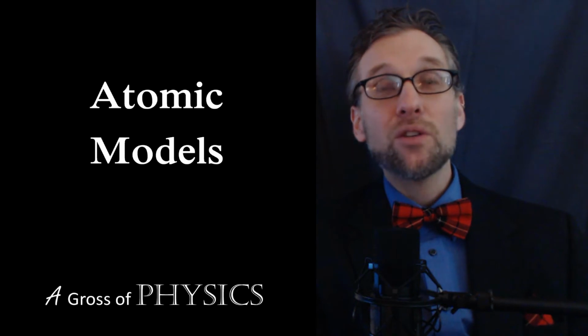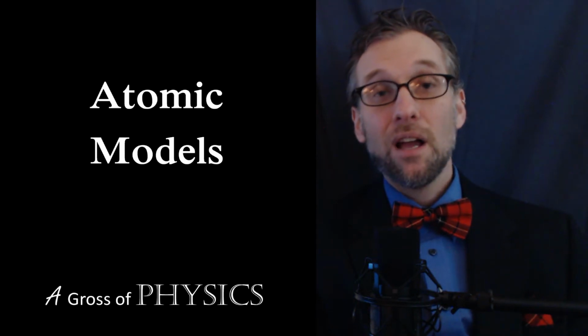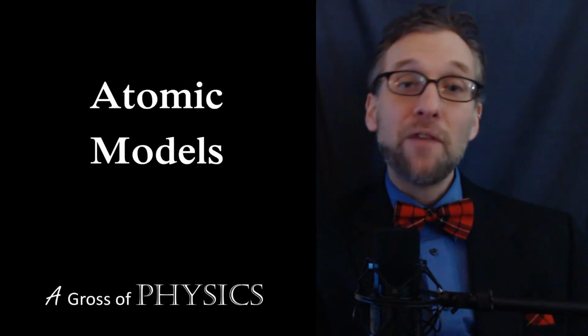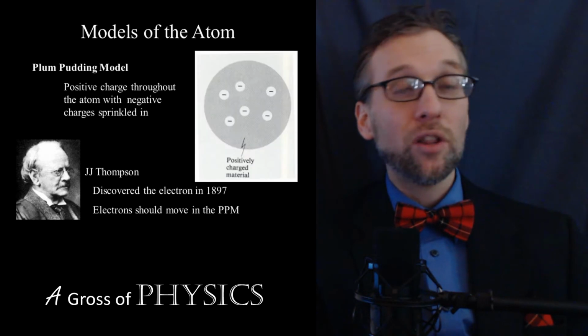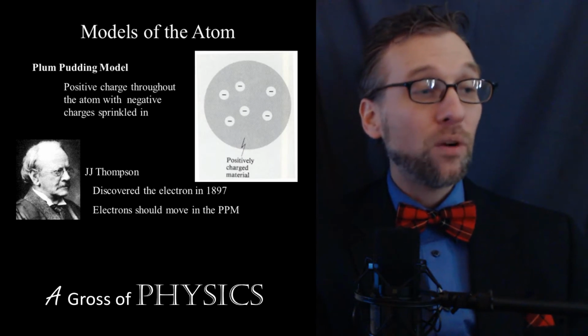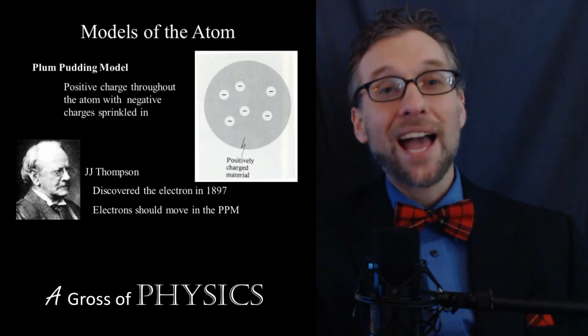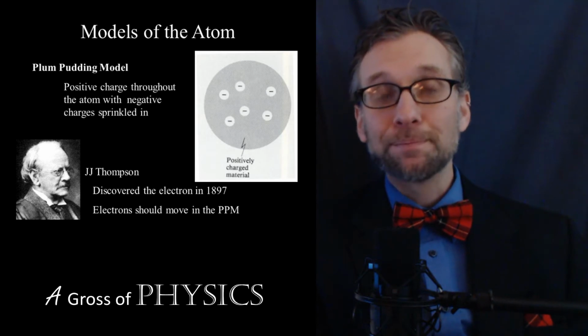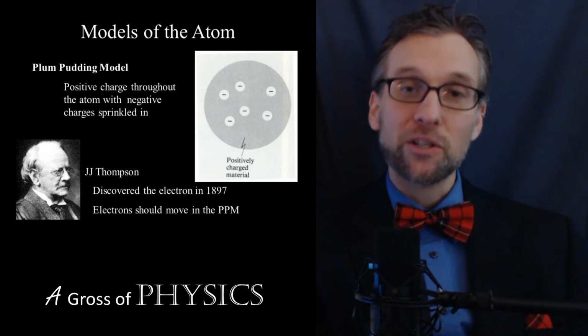Now, the different ways to visualize these atomic structures has changed over the years. In fact, one of the earlier models is what we call the plum pudding model. And that was the fact that we had a positive charge throughout the atom with little sprinkles of electrons.